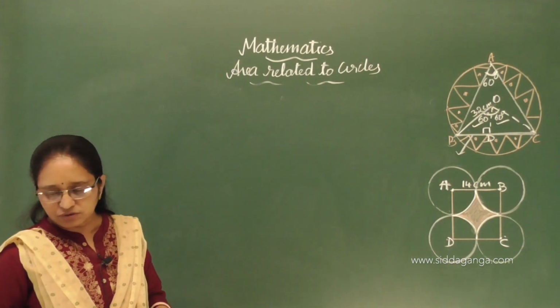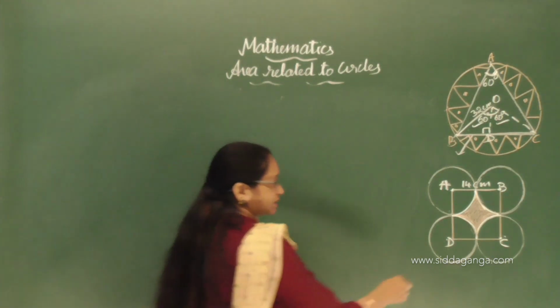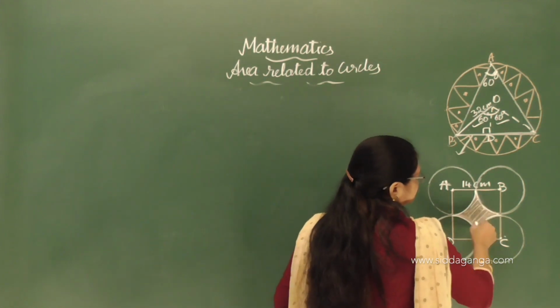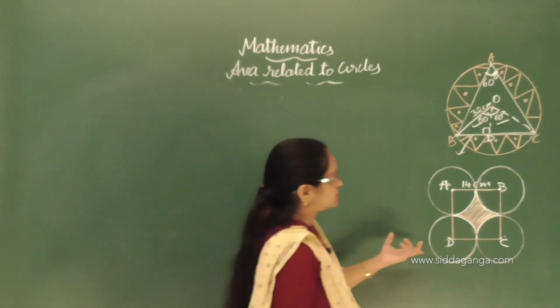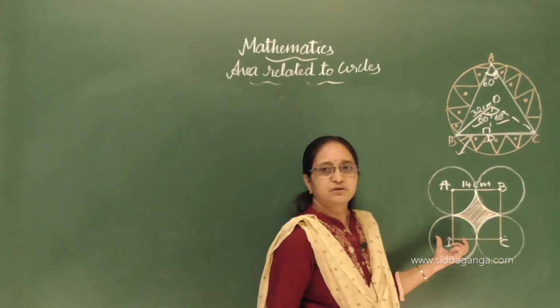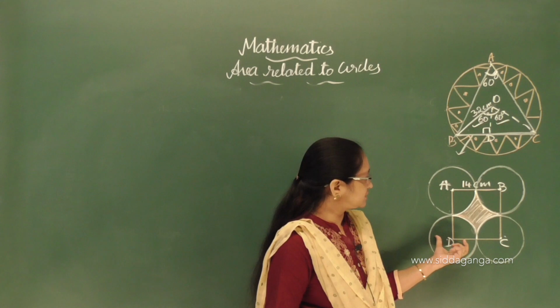Now, how to find out the area of the shaded region? This is the shaded region. It is very simple. Area of the shaded region is equal to, can anybody try that?